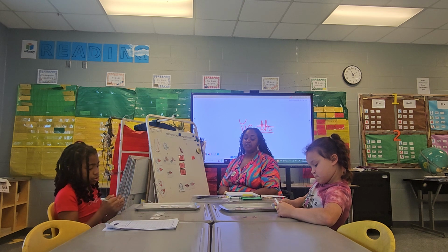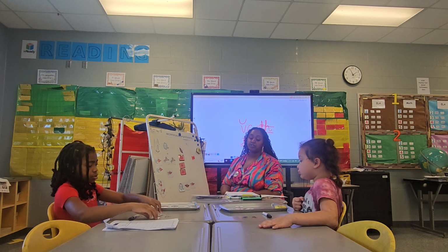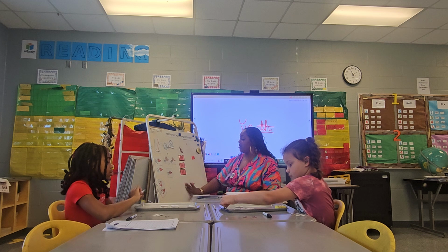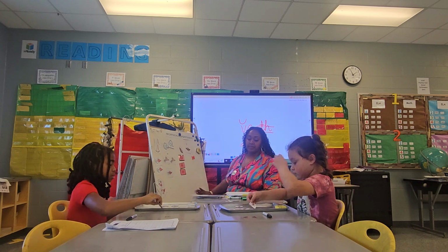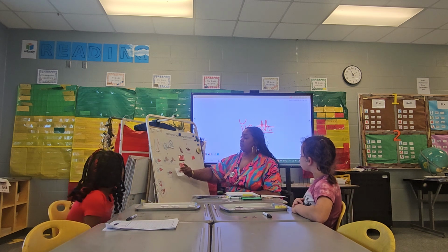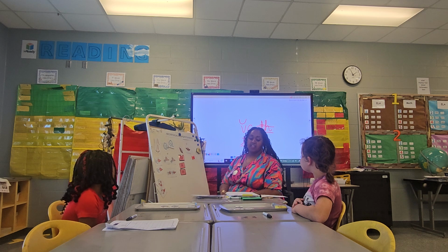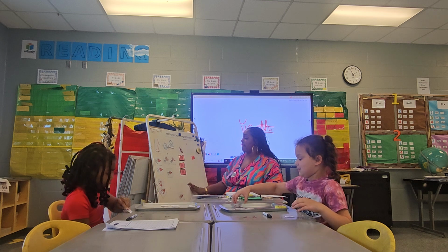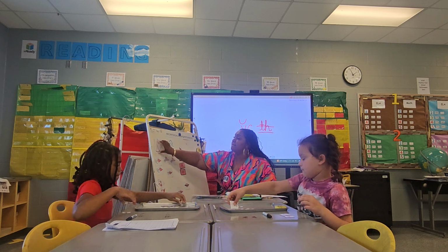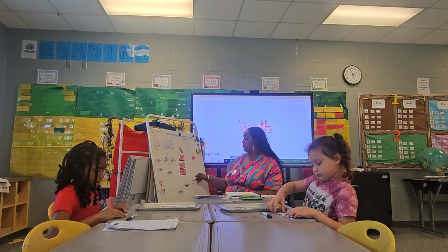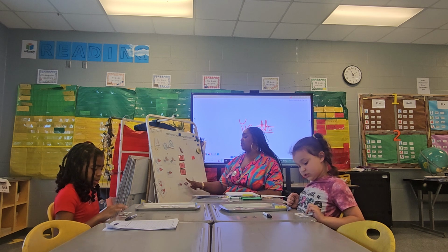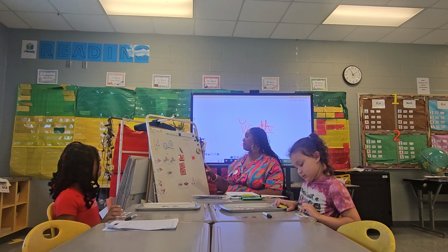All right. Now this one is going to be one of your TH words with a voice line. So repeat after me. Them. All right. Let's sound it out. Touch and spell. Go. T-H-E-M. All right.